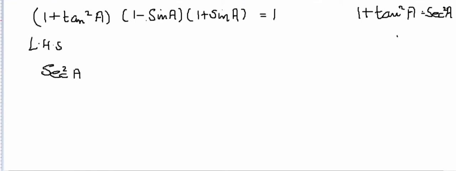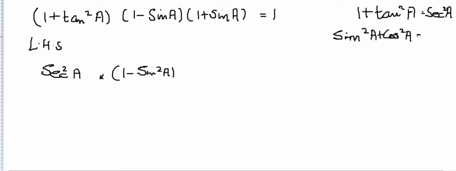Now here I have 1 minus sin A into 1 plus sin A. So I can use the formula (A minus B) into (A plus B) is A square minus B square. So here I will get 1 minus sin square A. Now we know that sin square A plus cos square A is 1.